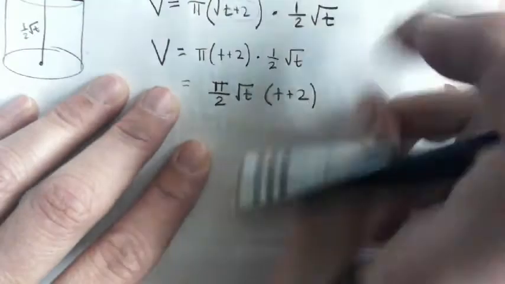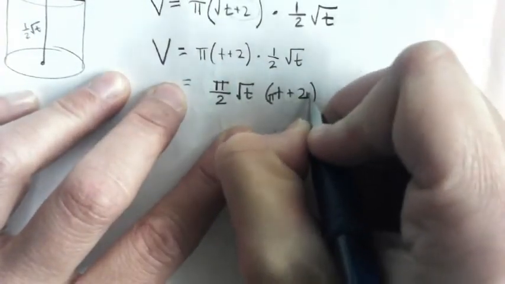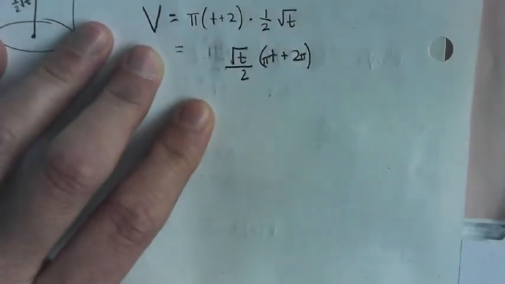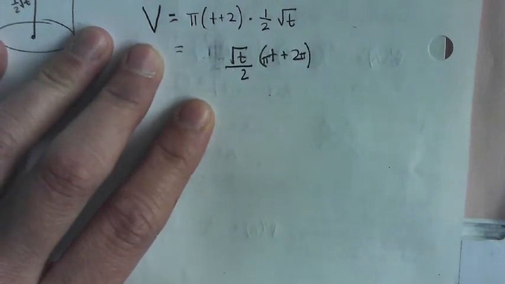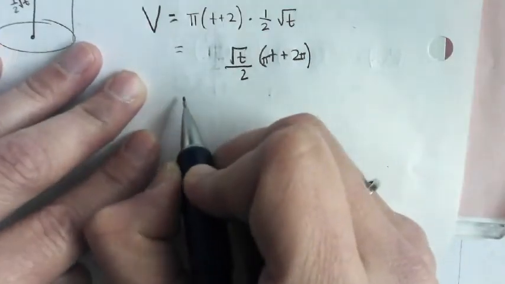So you want the pi in here. So pi t plus 2 pi. And let's just keep the root t over 2. Like that. That's fine. And you want to do the product, or do you want to distribute? Lots of options. Doesn't really matter.